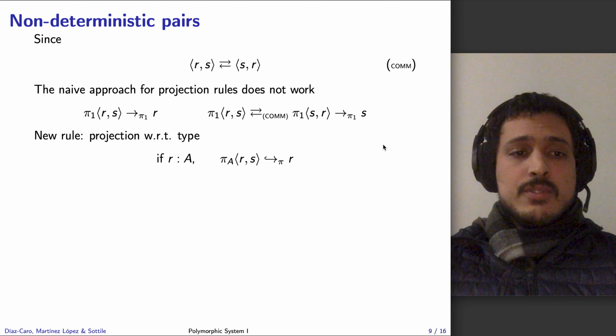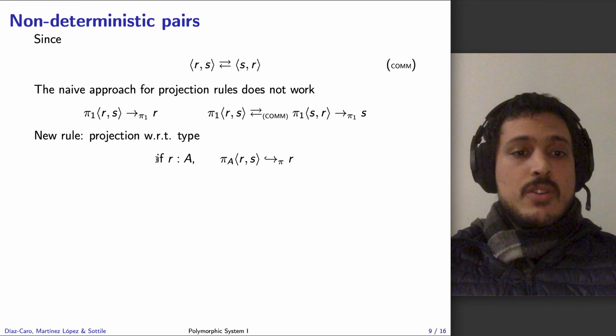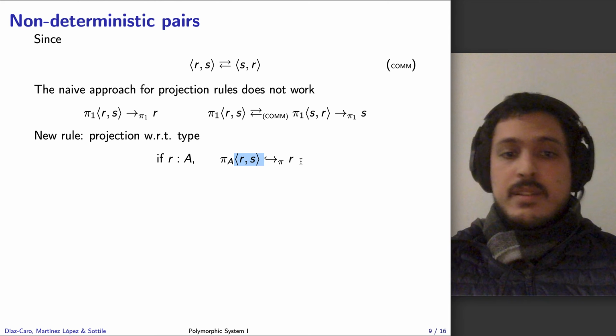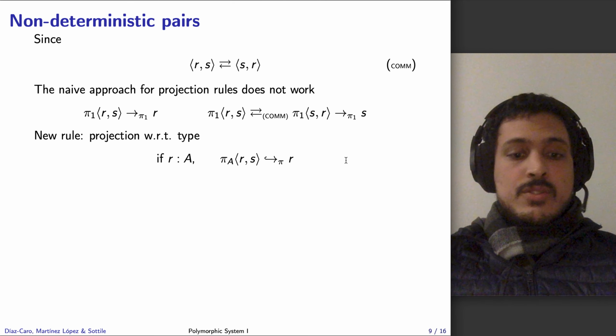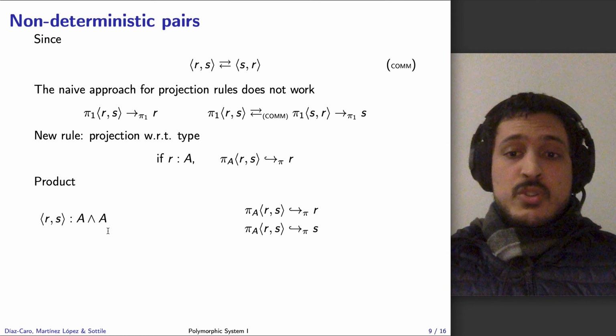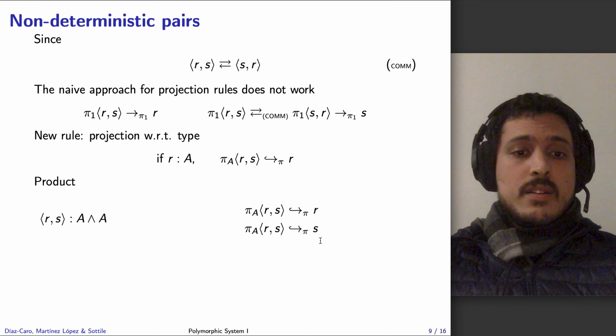And so the new rule will be to project with respect to the type. So if R has type A, then projecting the A from this pair gets me an R. What happens with this is that if the two terms have the same type, this behaves non-deterministically, but that's fine.